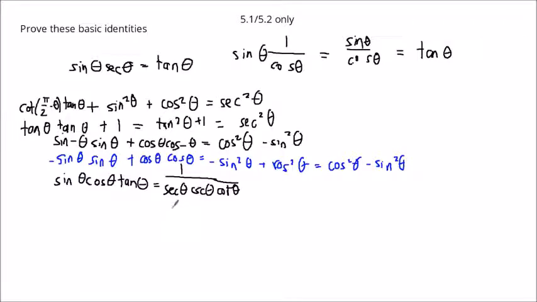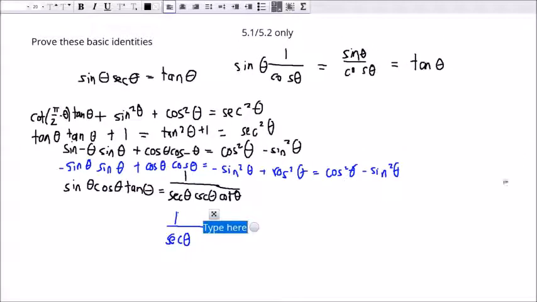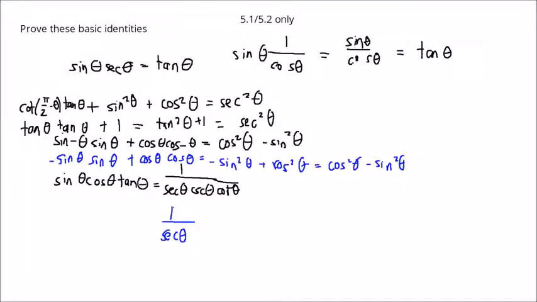This is equal to 1 over sec theta times 1 over CSC theta times 1 over cotangent theta, and we know these identities are just 1 over cosine theta plus 1 over sine theta times 1 over tangent theta.